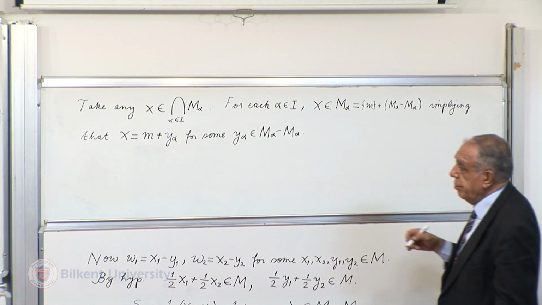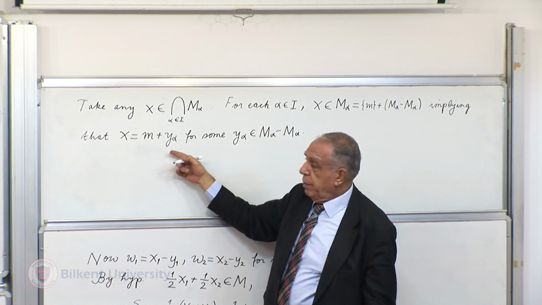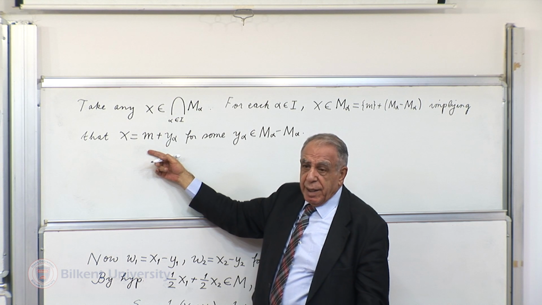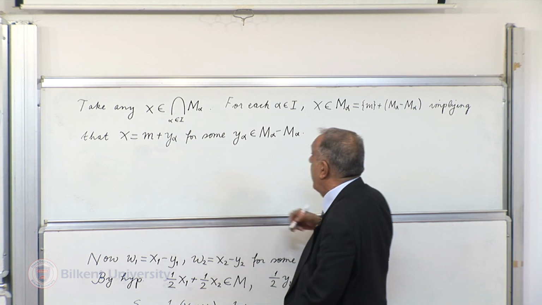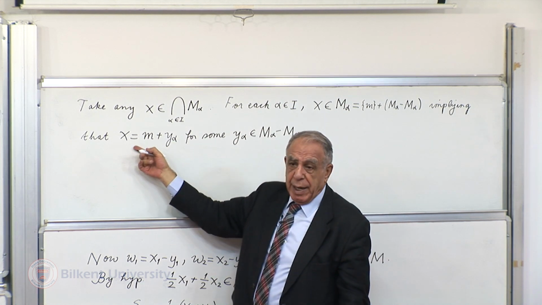But then, for any alpha in I, y alpha will turn out to be the same member of m alpha minus m alpha, namely x minus m.